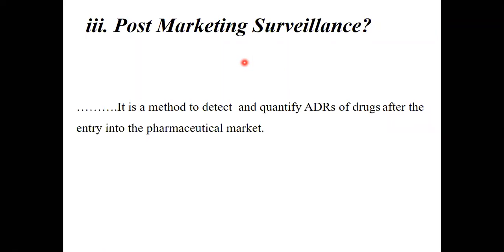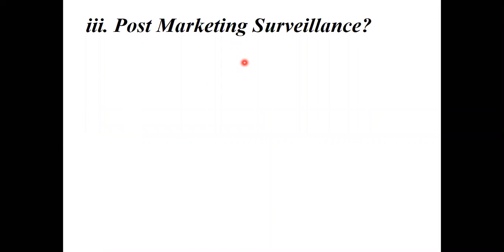Now, when the drug enters into the market, especially for phase 4, you will do the study and submit the report, but the study will continue in order to first identify the adverse effect that is produced.